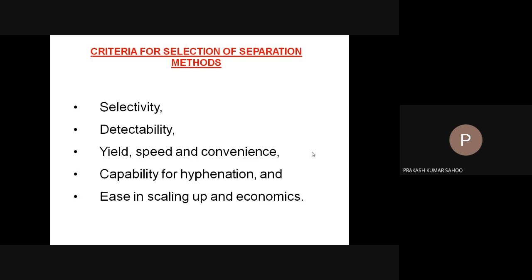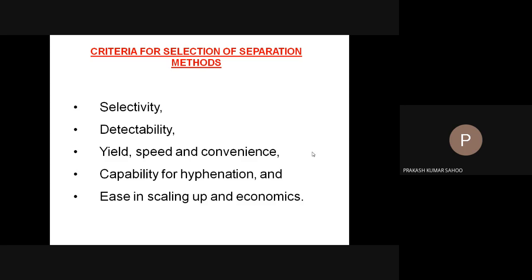In the case of detectors, it can be calculated based on certain assumptions, such as detection at 2 or 3 times the noise level observed at the baseline. Sensitivity can also be determined practically. Sensitivity or detectability can be improved by properly optimizing the separation conditions using the same detector.